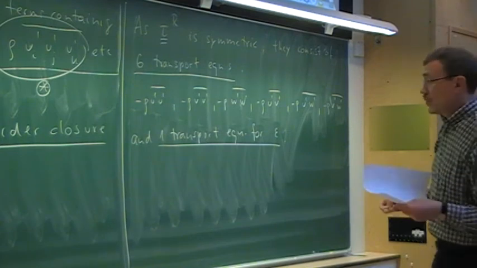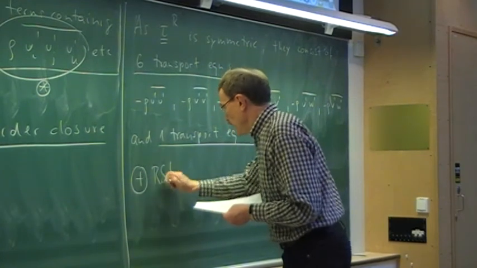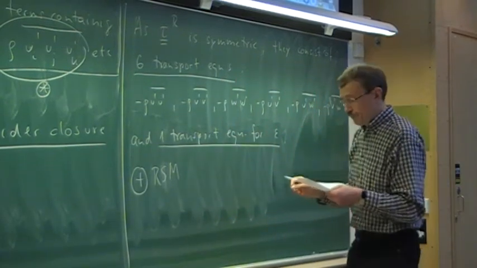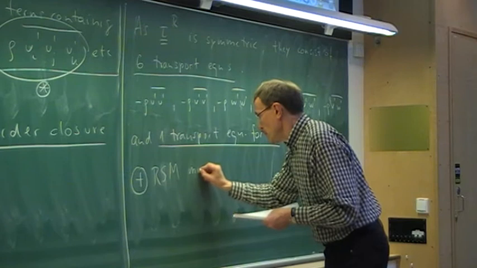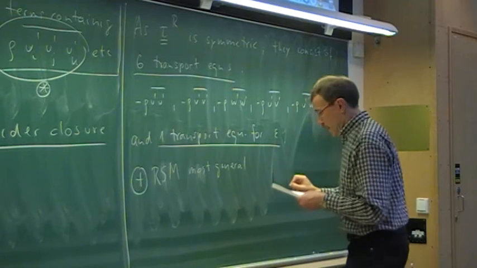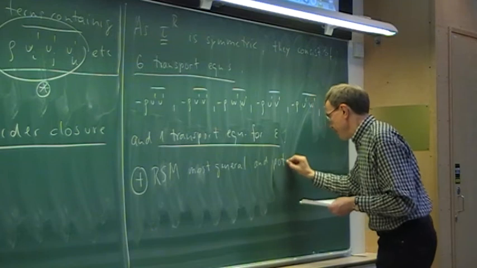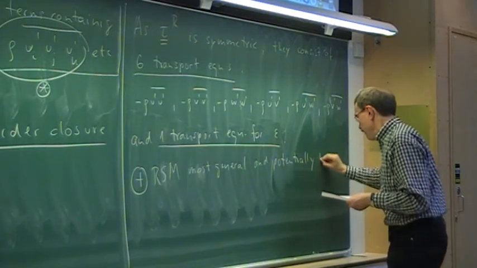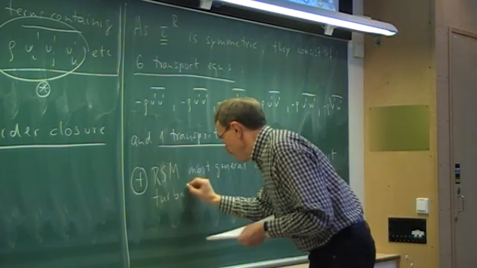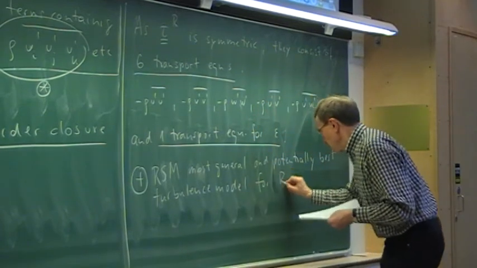So the advantage of this approach, the Reynolds stress model, is that it is the most general and potentially best turbulence model for the Reynolds average Navier-Stokes equations.